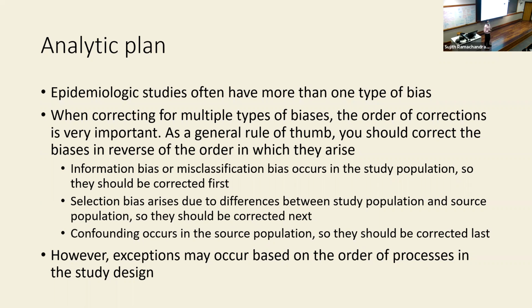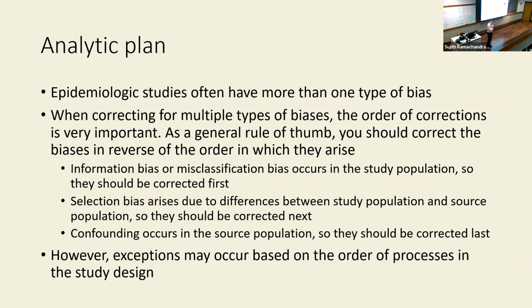When you have multiple limitations, it is not appropriate to just do all of these quantitative bias analyses one after the other. You can do them one after the other, but the order of adjustment becomes very important. It is because the adjustments that we do with QBA are often not simply multiplicative terms.